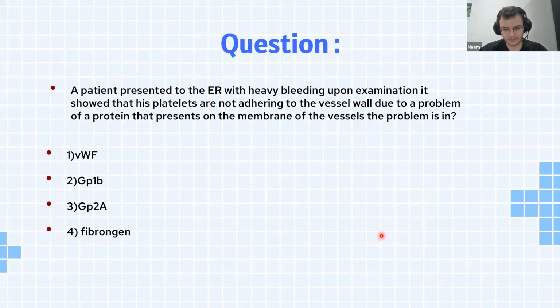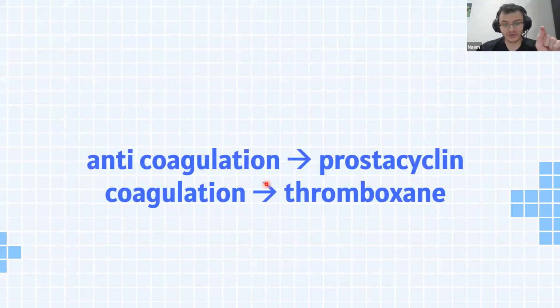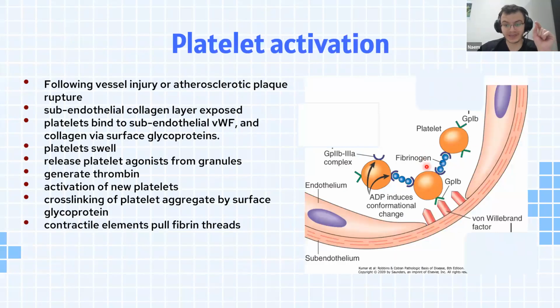Okay, so mashallah, most of you said that it's A, which is the true answer. So good job. But for the people who said glycoprotein 1b, let me tell you why it is wrong. It's true that glycoprotein 1b is related to adhesion. That is completely true, right?